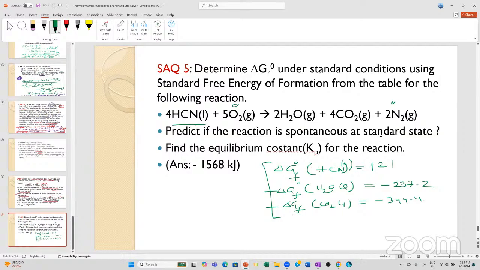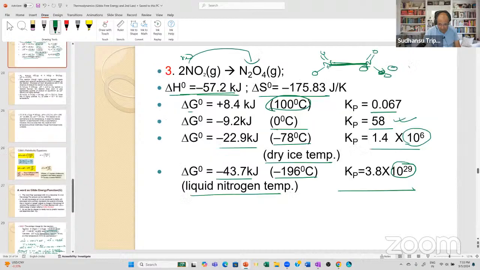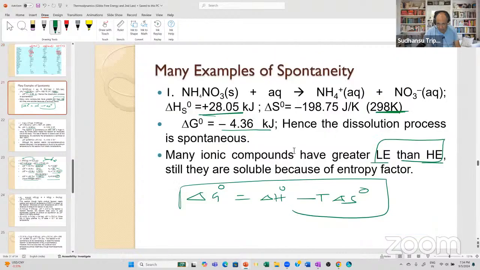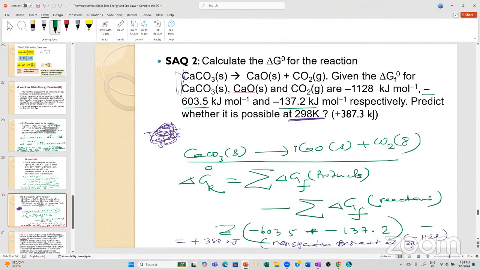Are you sure? Let me check at least for water. Water gas, this one, is minus 228.6. How much did you tell me? Sir, minus 237. Oh, sir, it is different.